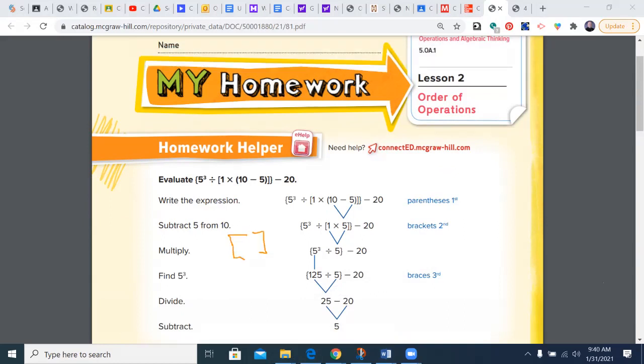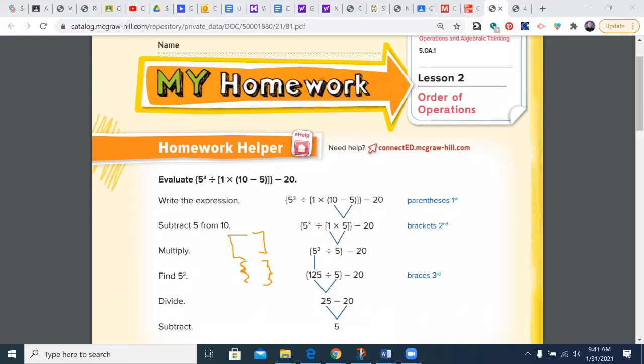They're actually found usually to the right of the P on your keyboard. And then we have braces, and these are the braces here. Those are usually found right above your brackets, and they kind of resemble something like this. Really hard to draw with this tool, at least for me it is.